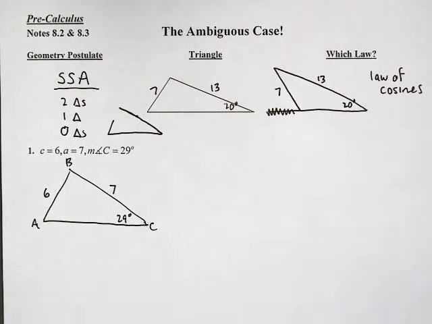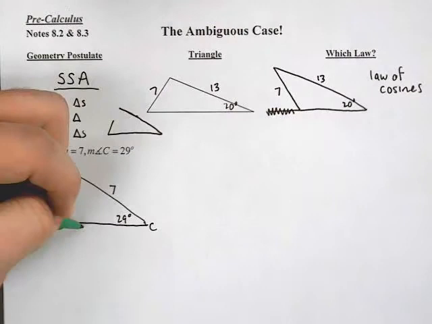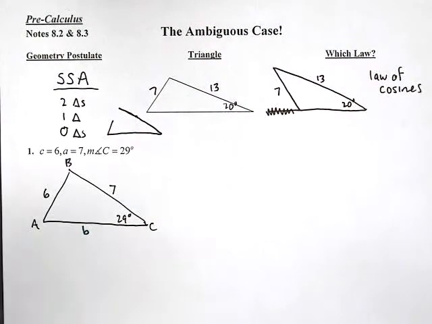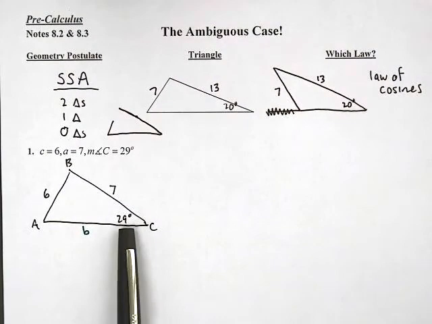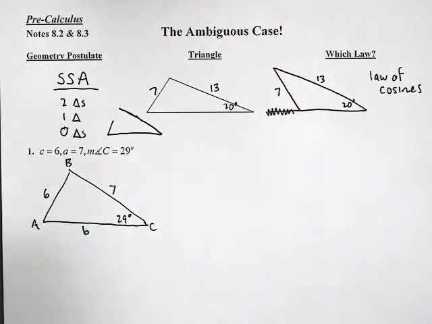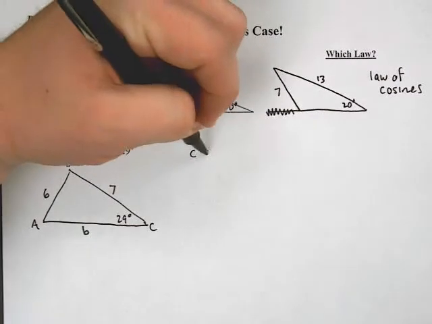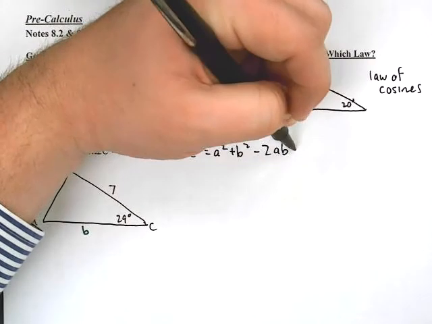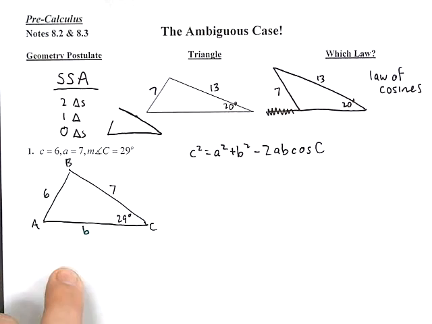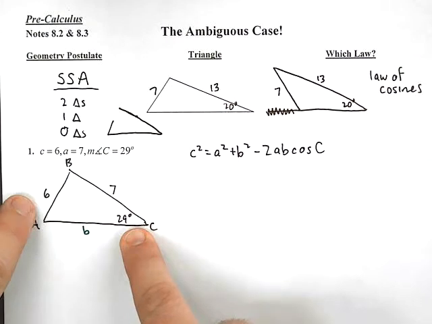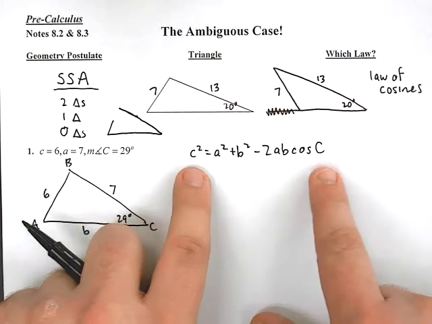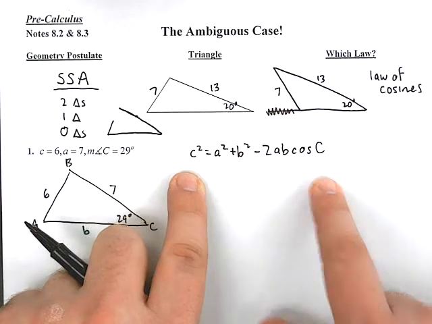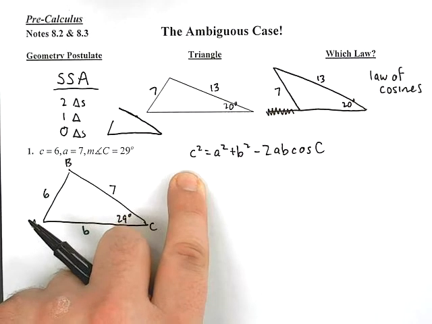And how is that going to look? Well, I know that I'm looking for side B, and I know that I'm working on this 29-degree angle. So think of the law of cosines again. What was it? It was c squared is equal to a squared plus b squared minus 2ab cosine c. Well, we have angle C, we have side C, so we can plug in. Those would be the ones opposite of each other in the formula.